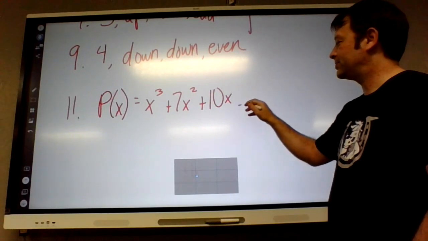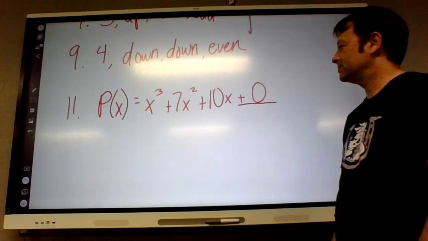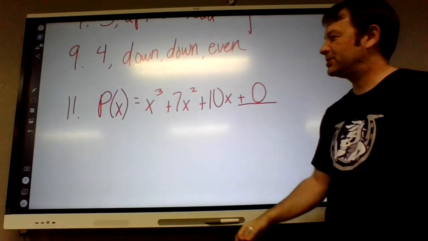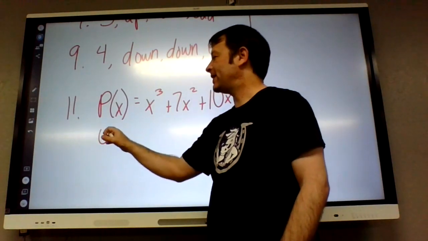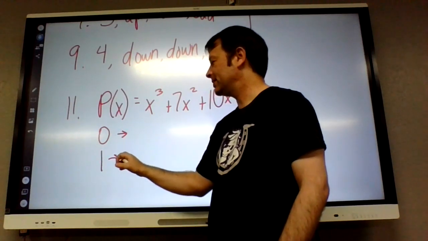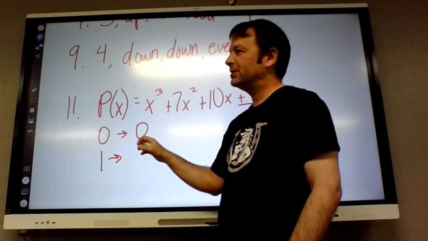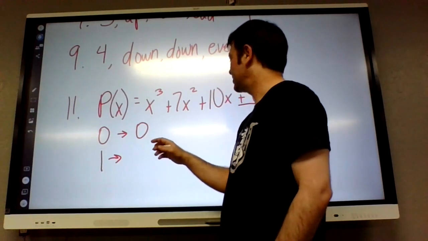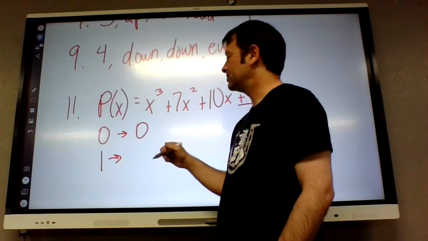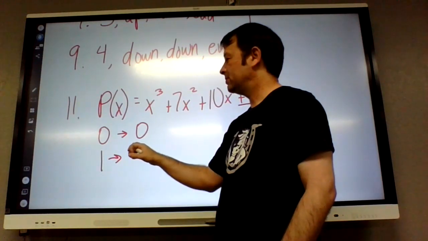We're missing a term out here, plus 0. So it's factors of 0 over factors of 1. So what are the factors of 0? Well, it's kind of like 0 in anything. So it's like anything.